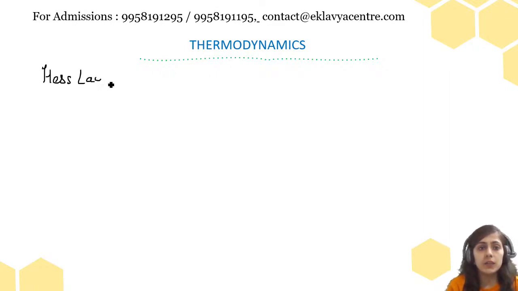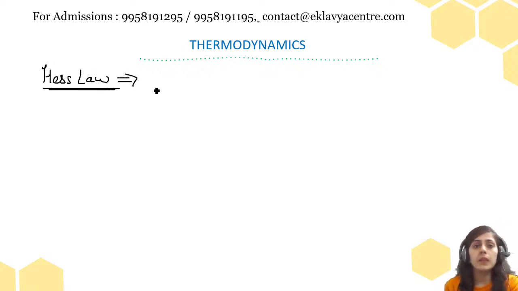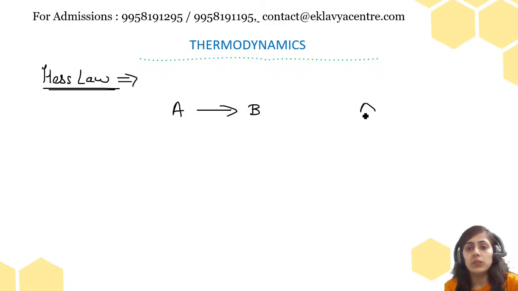We have to discuss Hess's Law. Suppose we have a chemical reaction A to B and we have to find out the value of delta H for this reaction.